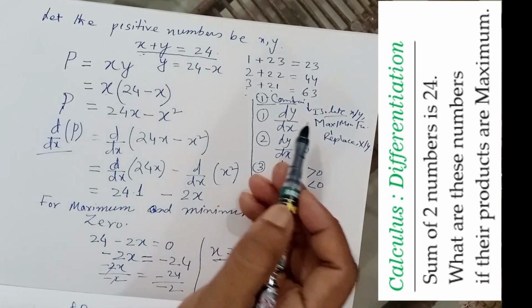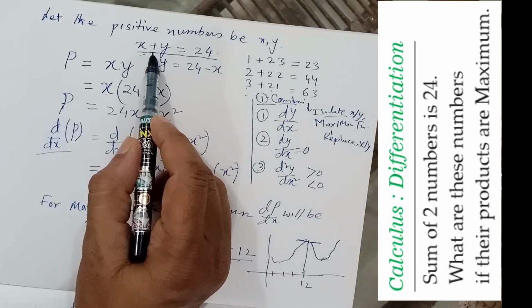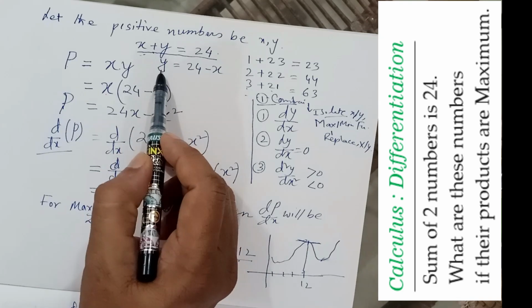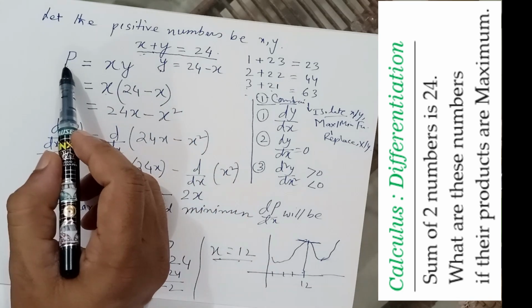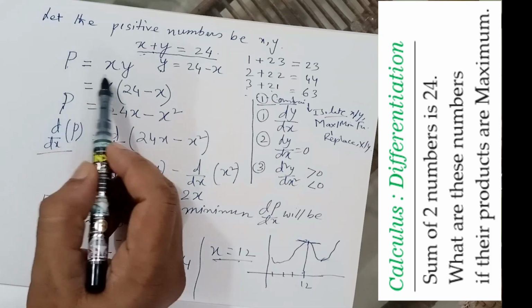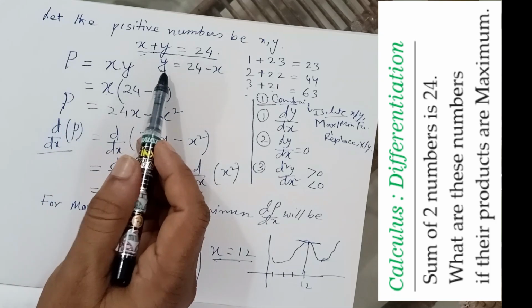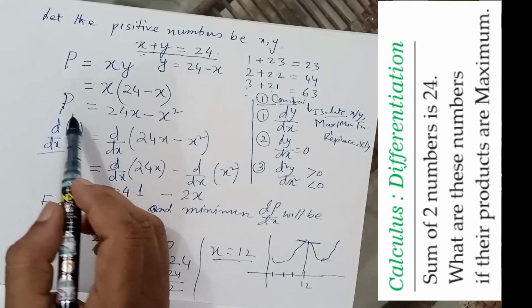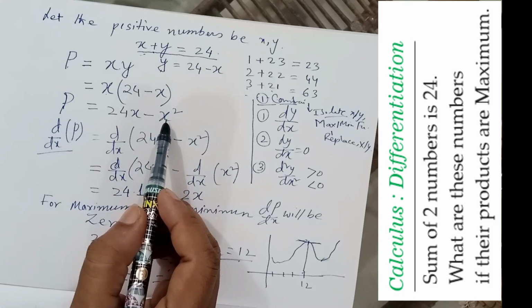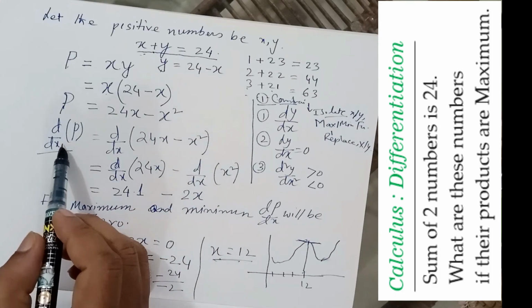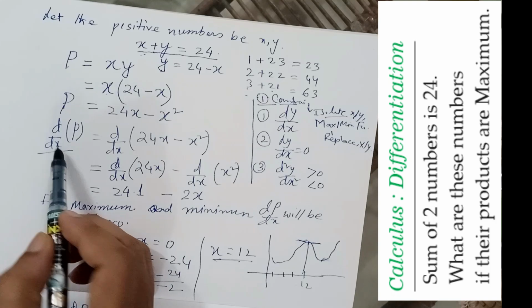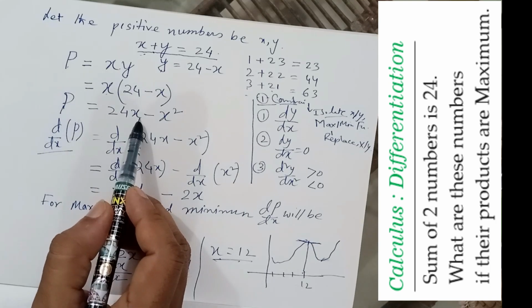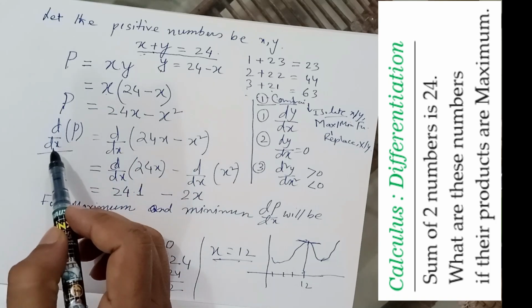So let's see what we have done. This is the constraint function, in which we have isolated y. This is the function we need to maximize, and there you replace that y and it comes like this. Then we have to do the first derivative of that with respect to the variable. In this case it is x; if it is y we have to do d by dy.